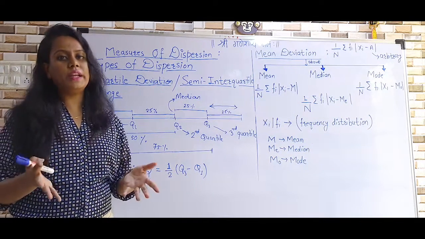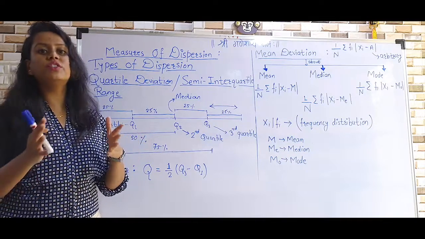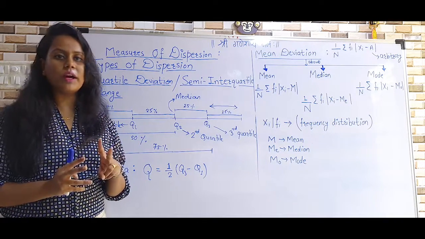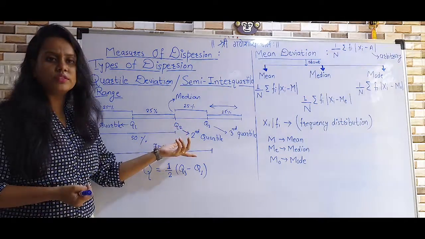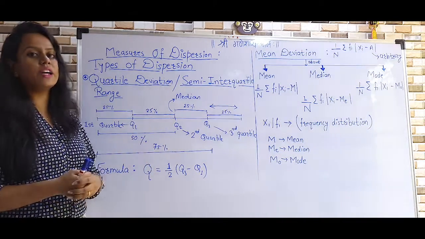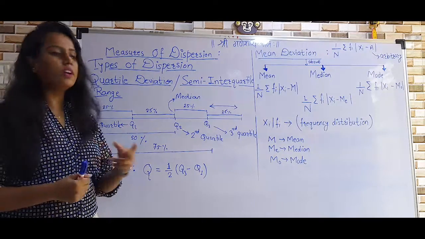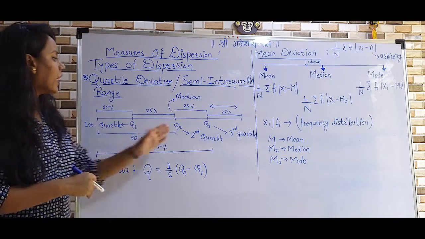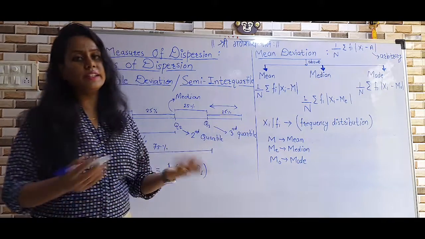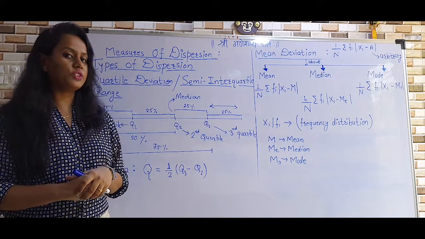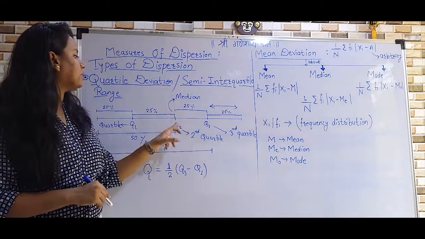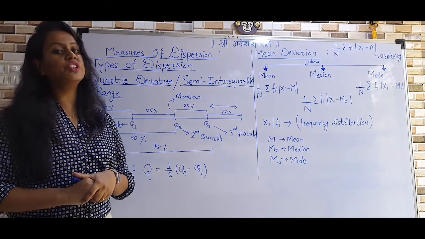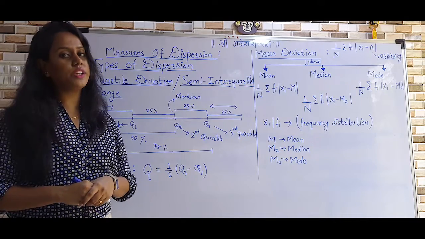Because the median is the value which divides our entire data into 2 equal parts, right? And Q2 is also dividing our data into 2 equal parts. That means 50% of the observations are below Q2, and from Q2 till the end there are 50% of the observations. Therefore Q2 is sometimes referred to as our median value, which divides the data into 2 equal parts.